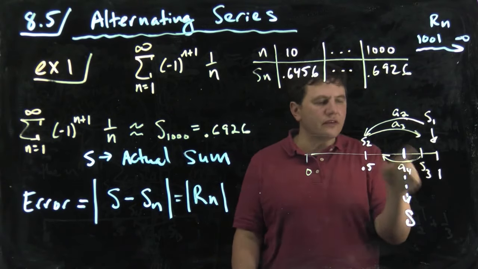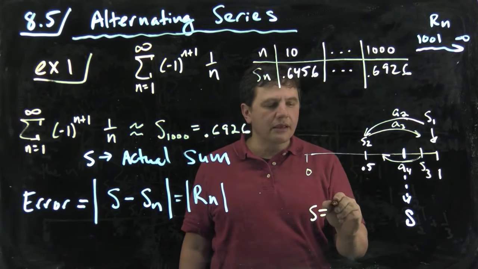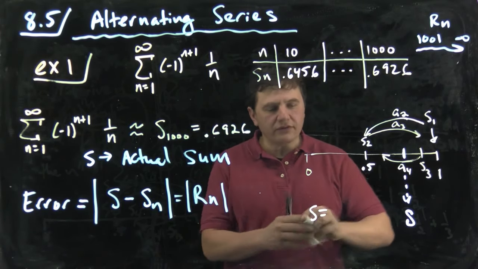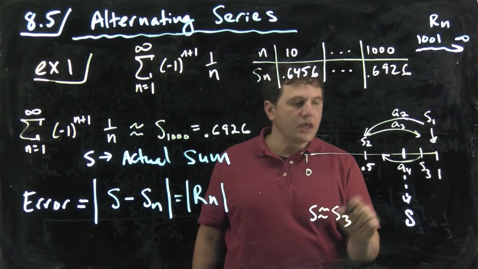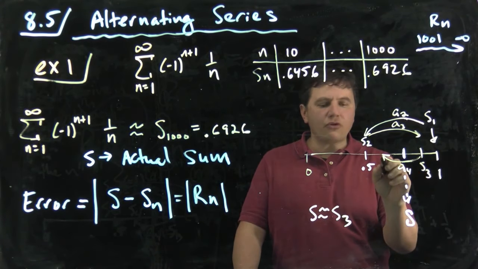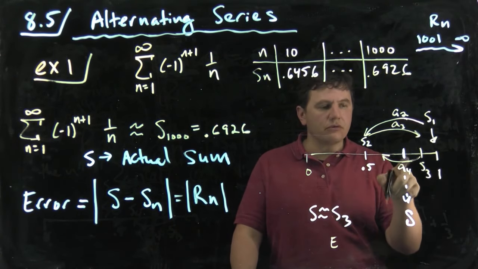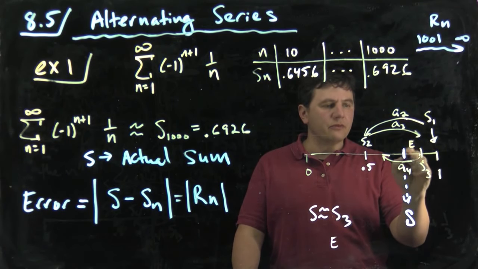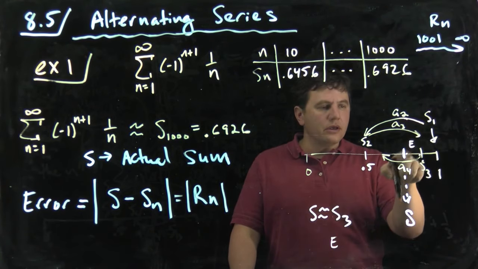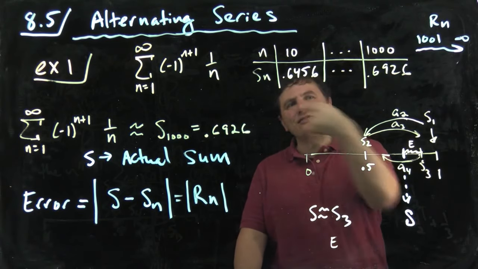So let's say I approximate S by S sub 3. Here's what's going to happen, right? I'm going to subtract A sub 4. Well, realize that our error, the difference between S sub 3 and S itself, is actually going to be less than the next term, right?